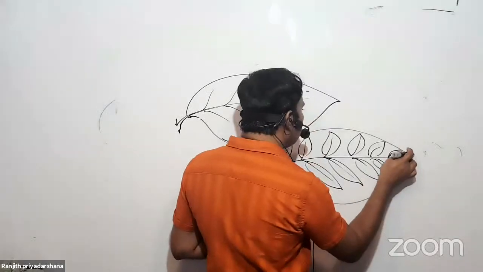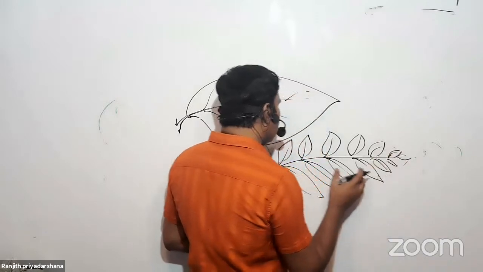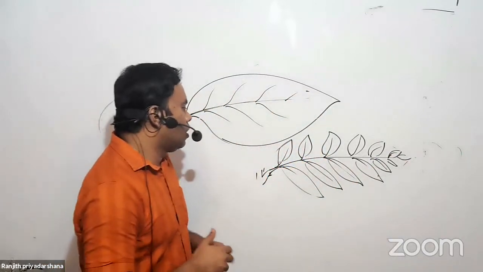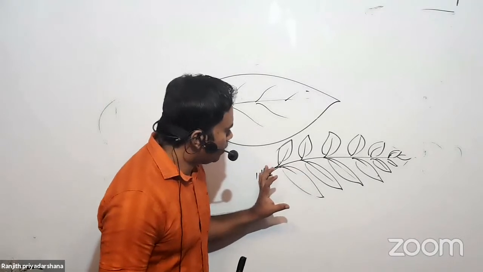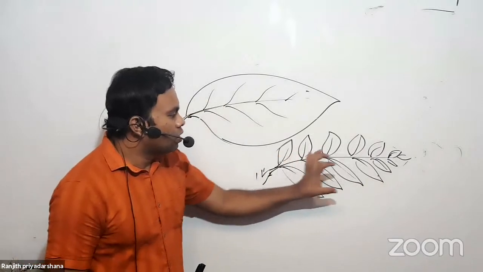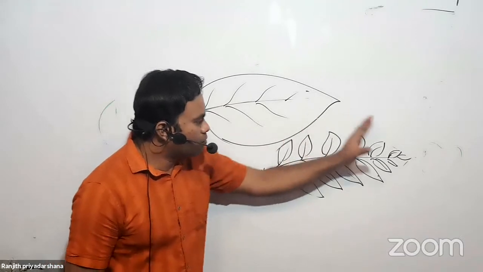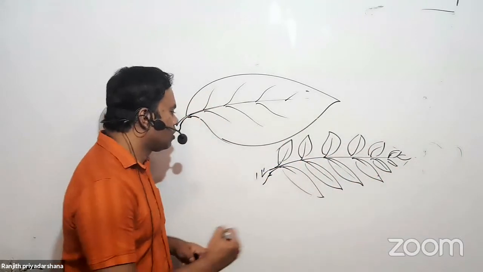A combination of leaflets is known as a compound leaf. You have to define it: compound leaves are made up of leaves whose leaf blade has been divided into segments. So these are leaflets, and we have to name the parts as leaflets.